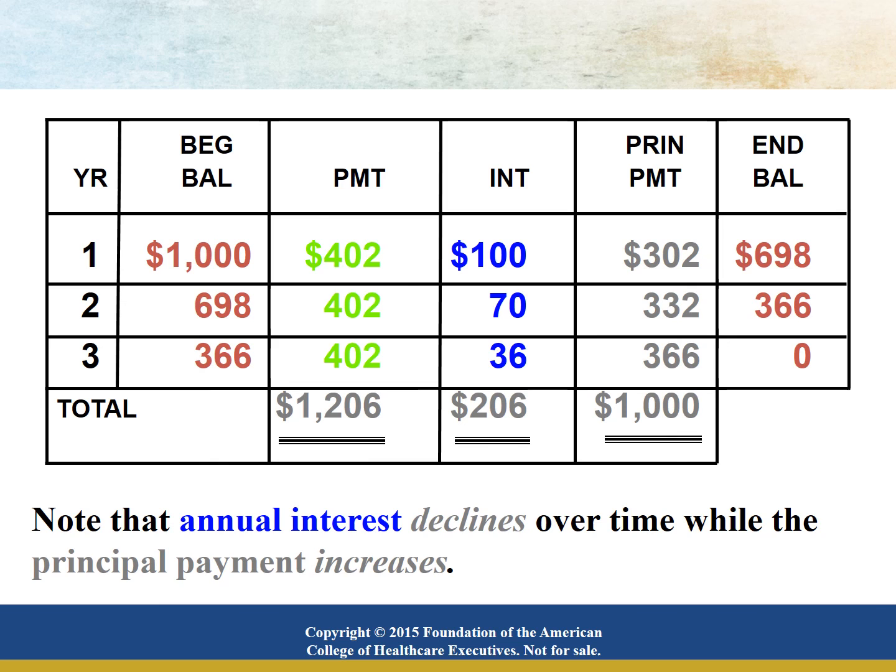Your principal is 332. Now you've got a balance at the end of that period of 366. You make your payment of 402. That included $36 of interest, 10%. Got it? Your balance is zero. Your total interest is $206. You paid $206 in interest on the $1,000.